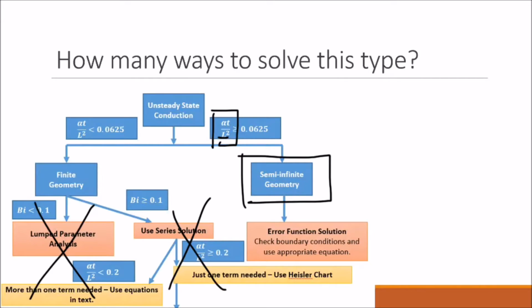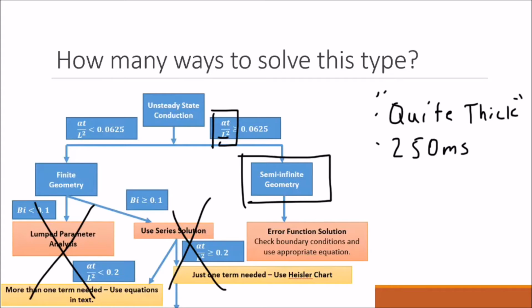Another way of determining that we can use the semi-infinite geometry is from our assumptions. So in our assumptions, we assumed that our eye thickness is quite thick. And we're also told that we're worried about the temperature after 250 milliseconds.